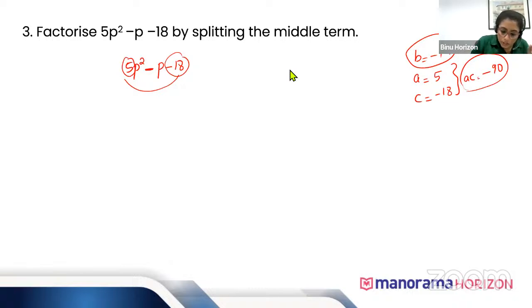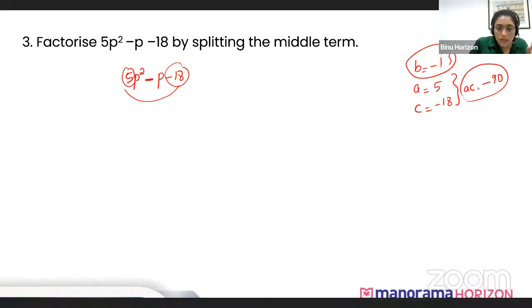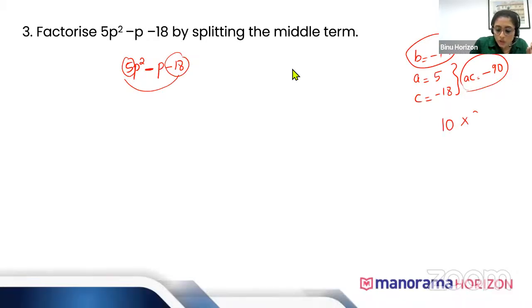Yes, 10 and 9. If I take 10 into 9, I get 90. But I need minus 90. So one number should be negative and the other positive. And remember, here it is minus 1, so which number should be negative? Minus 10, so then the product will be minus 90. And minus 10 plus 9, what do I get? Minus 1.